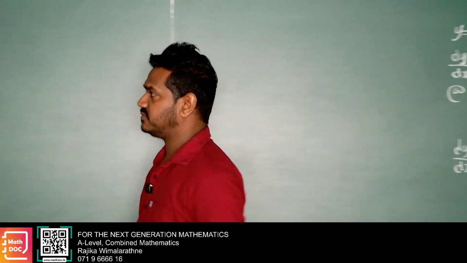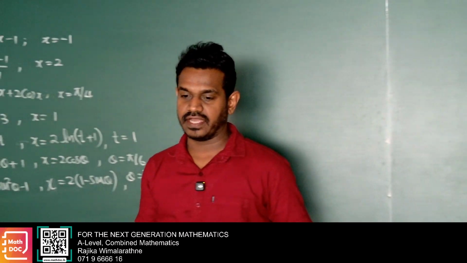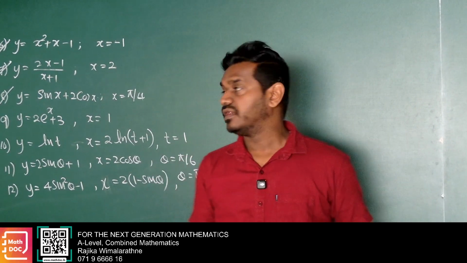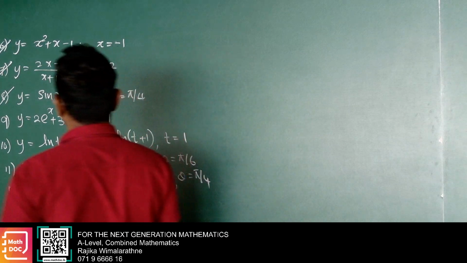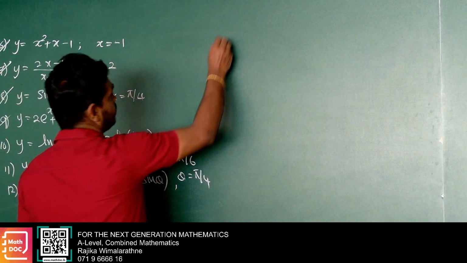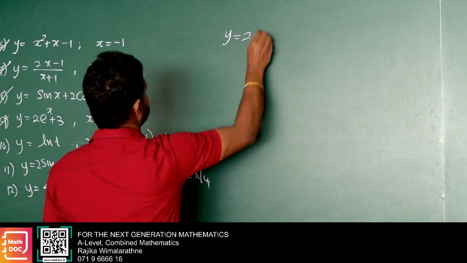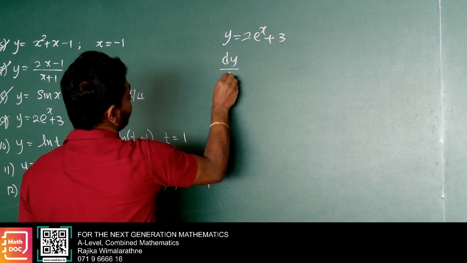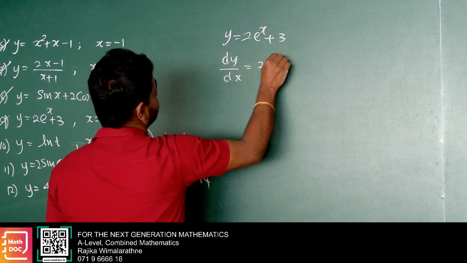Okay. Question number 9. Now here, an exponential type function is given: y equals 2 times e to the power x plus 3. Then differentiate: 2 times e to the power x.